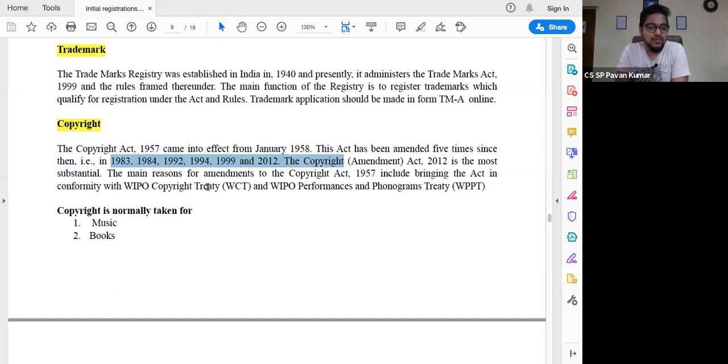WIPO stands for World Intellectual Property Organization. Many countries are party to this treaty, and to bring our copyright in line with World Intellectual Property standards, a lot of amendments took place.